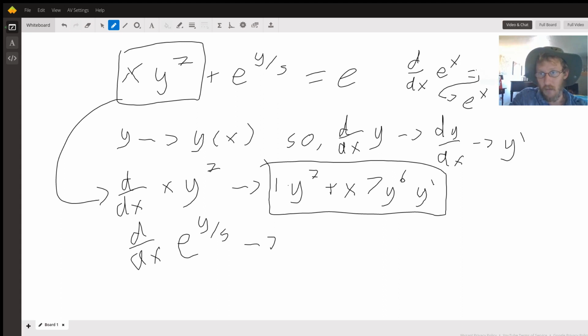But then we apply the chain rule. So here we have e to the y over 5. So we do the derivative of the whole thing, which is e to the y over 5, times the derivative of the exponent, which is y prime over 5.